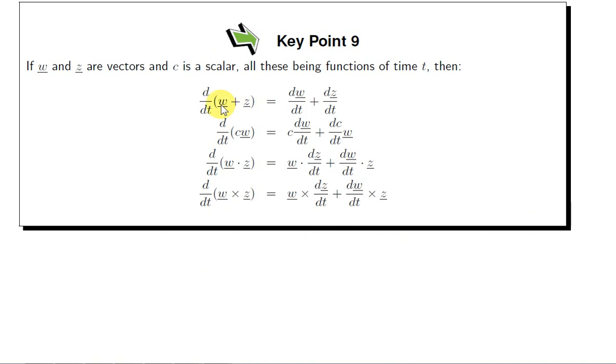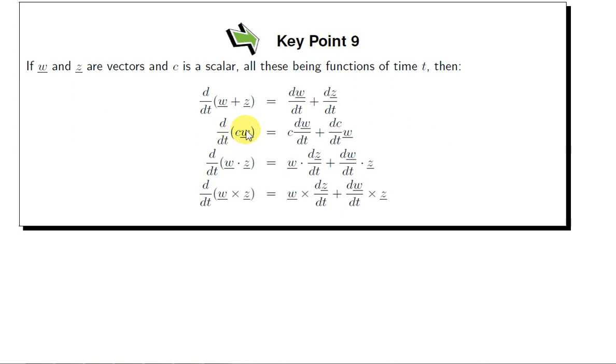Now you can also prove that the derivative of a sum of vectors is the sum of the derivatives. If we differentiate a scalar times a vector, we can use the product rule. Now the scalar c could be a function of time. It's not a vector, but it could be changing with time.